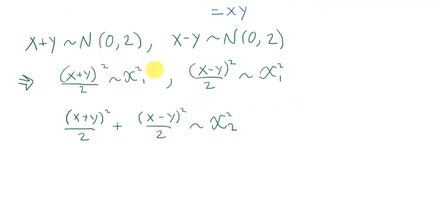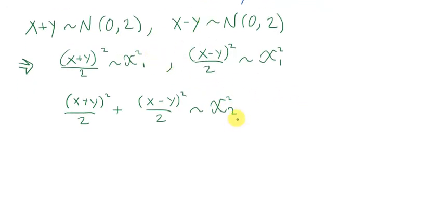We can use another distribution here. A chi-square random variable with 2 degrees of freedom is the same thing as a gamma random variable with shape parameter alpha equals the degrees of freedom over 2, and we can use the rate parameter beta equals 2.